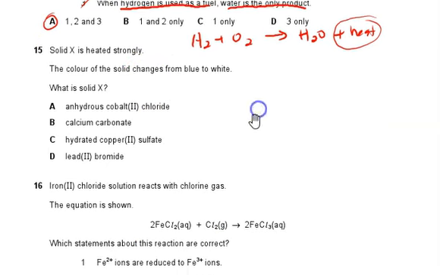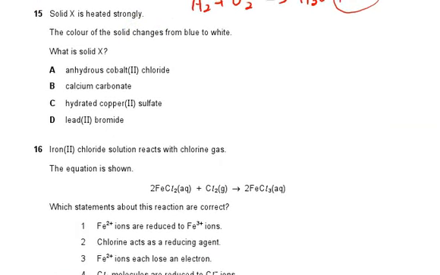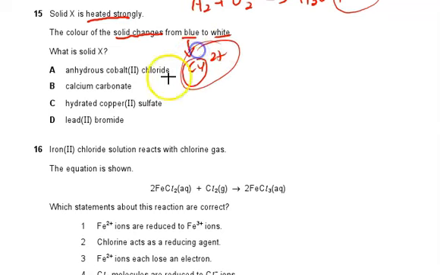Okay, now for number 15, solid X is heated strongly. The color of the solid changes from blue to white. So blue to white when heated strongly. So it's blue, you have only one, which is anhydrous copper 2 sulfate. Okay, copper sulfate, something to do with copper 2 plus. So your best answer here should be C, because when it is blue, it represents the presence of water.